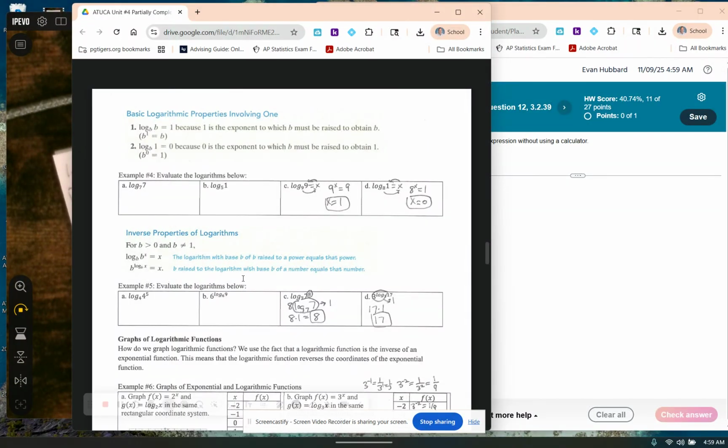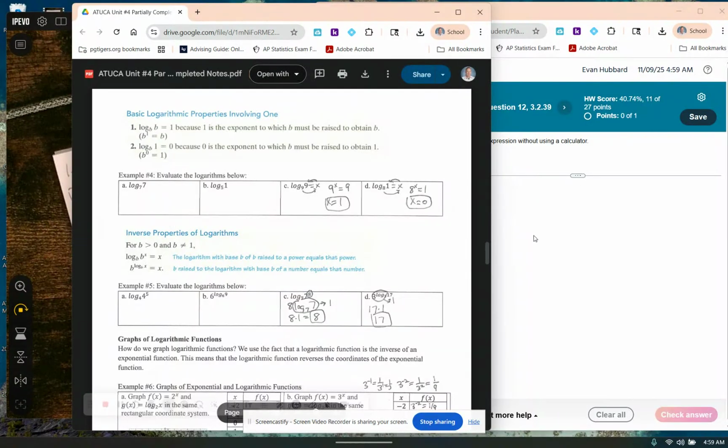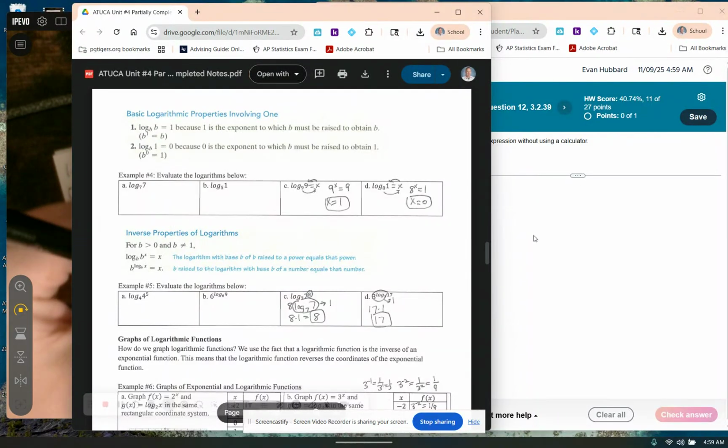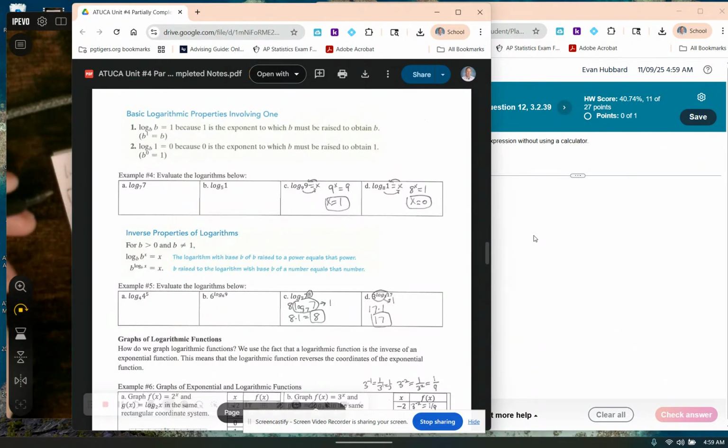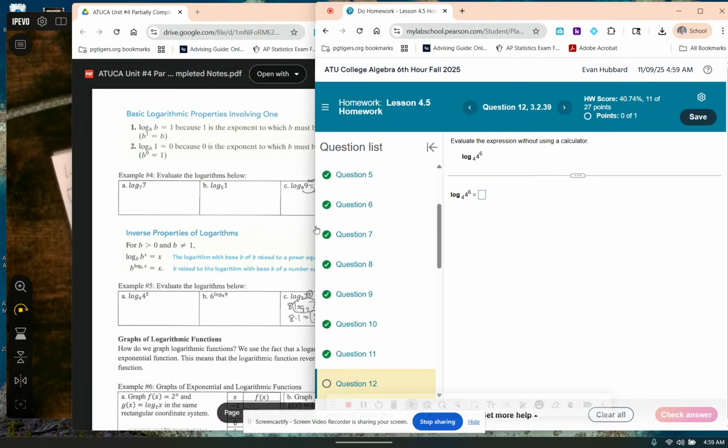I'm going to write this property down. Log base b of b to the x equals x. Basically, this means the logarithm with a base that has the same base raised to the same power is just equal to the exponent.